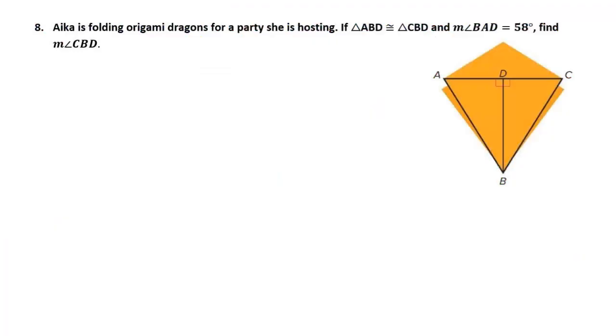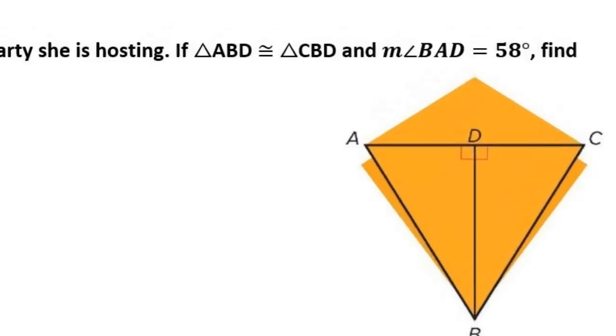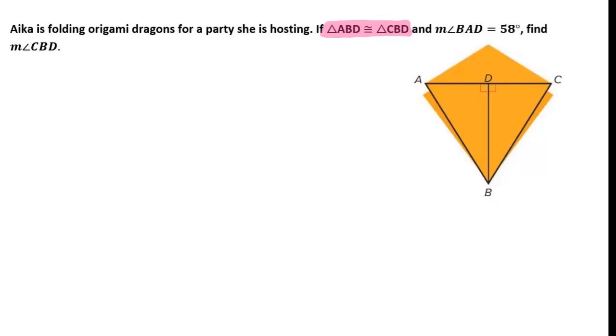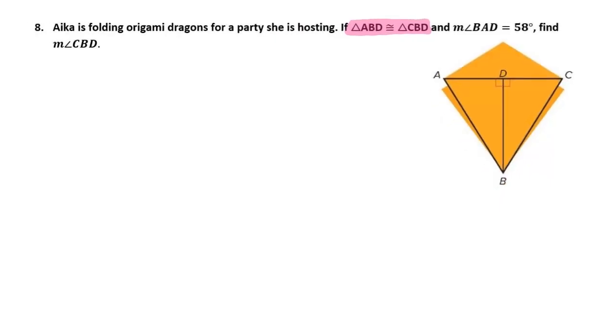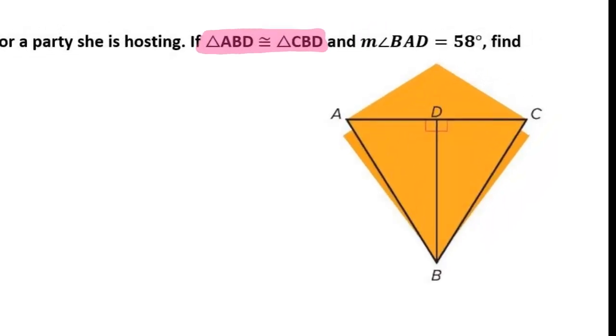Aika is folding origami dragons for a party she is hosting. Triangle ABD is congruent to triangle CBD. The measure of angle BAD is 58 degrees. Find the measure of angle CBD.